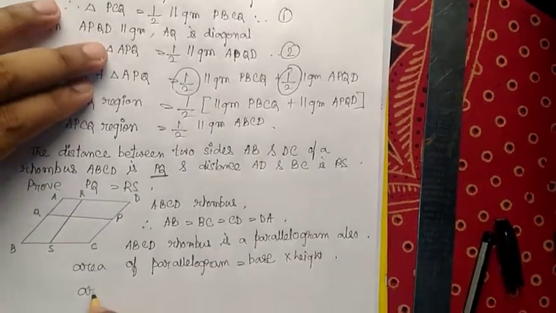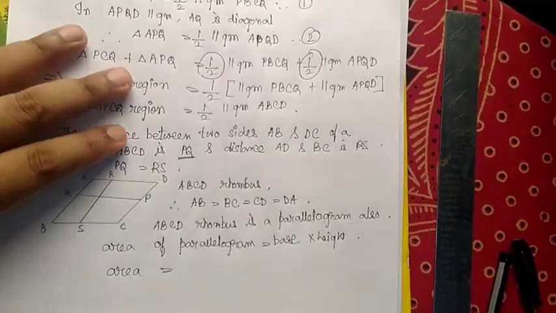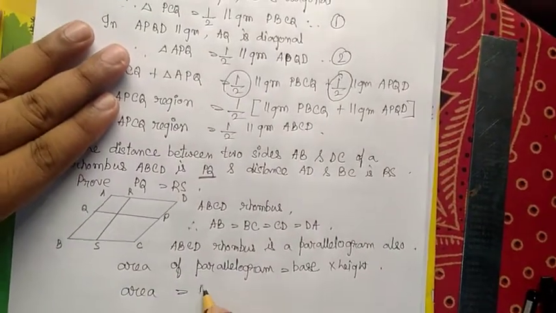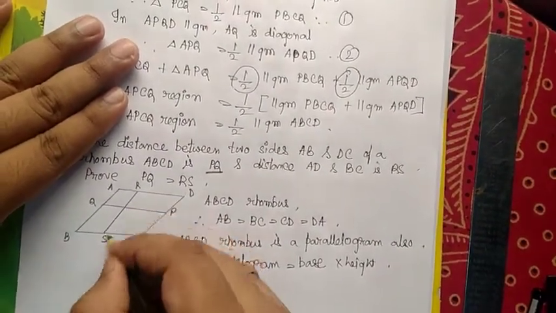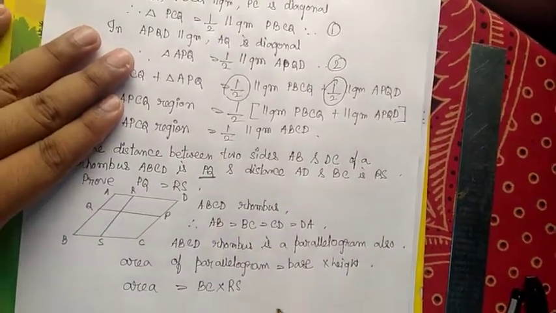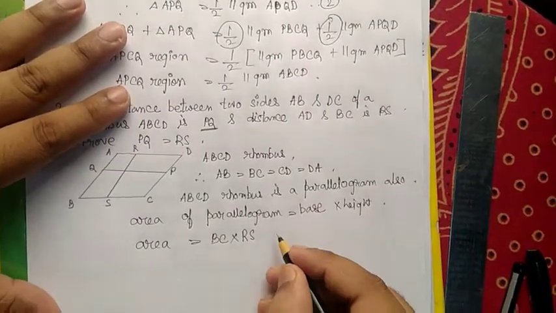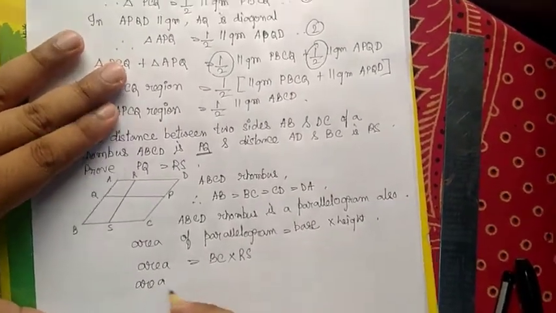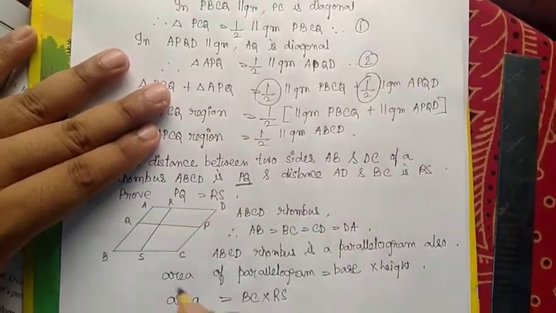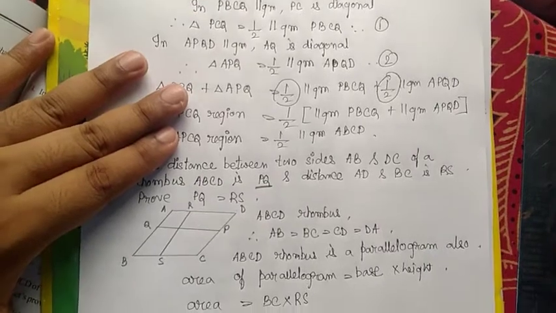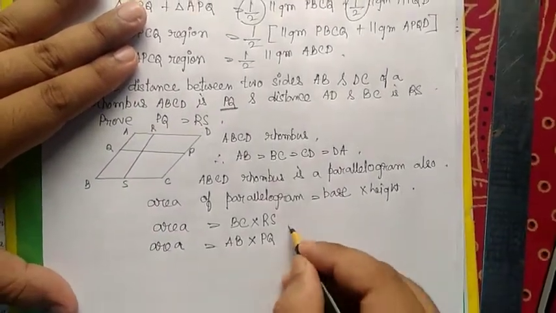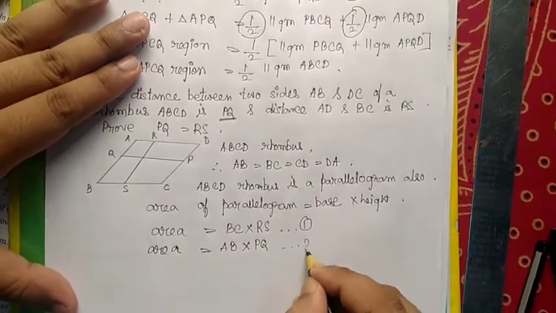So in the first case, if BC is the base, the distance means height, so RS is the height: area equals BC into RS. Or if AB is the base and PQ is the height, then area equals AB into PQ. This is equation 1 and this is equation 2.